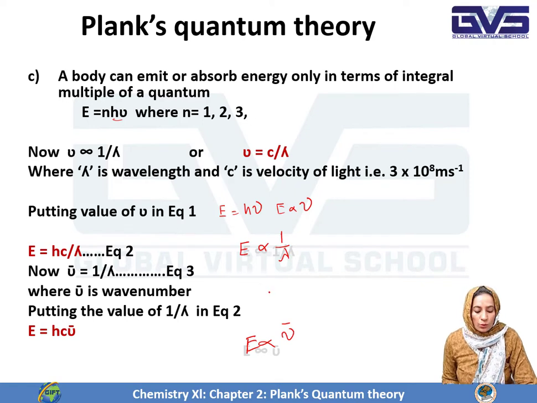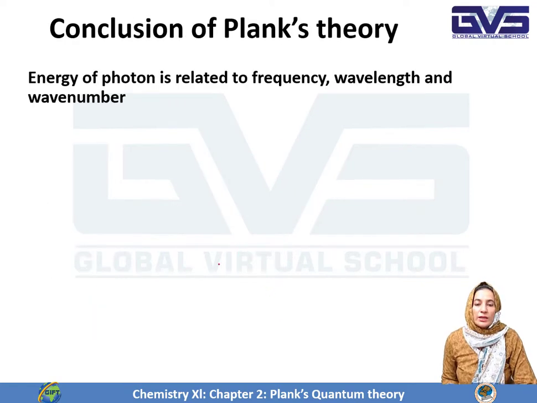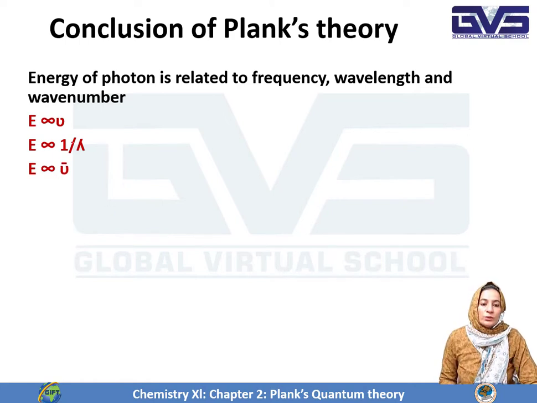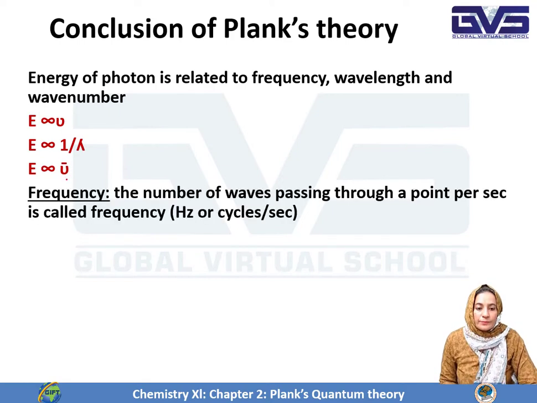And these are the conclusions of Planck's quantum theory, how the energy of a photon is related to frequency. And now I will define what actually this frequency, this wavelength, and this wave number are.